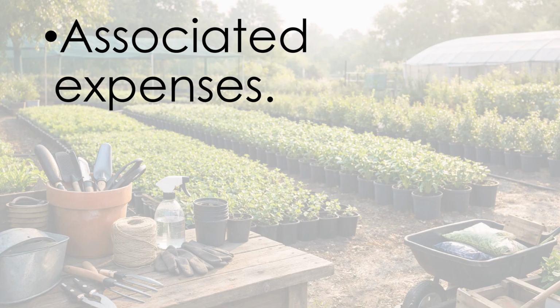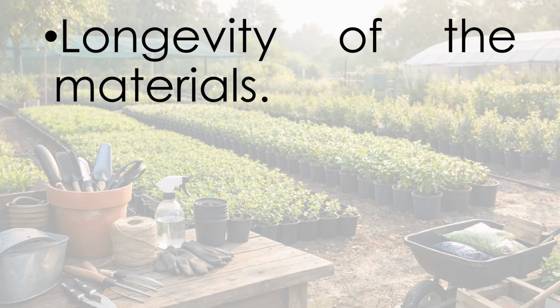Next, associated expenses. Cost must be considered to avoid overspending. Like for example, tissue cultured bananas are more expensive but disease-free. Another is longevity of the materials. Some materials last longer and provide sustained productivity.